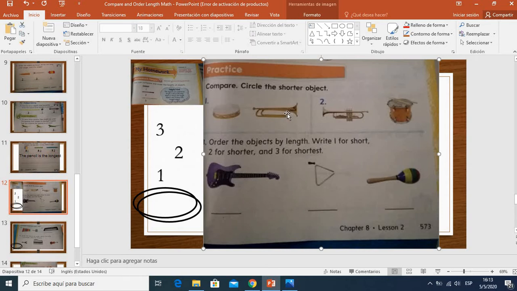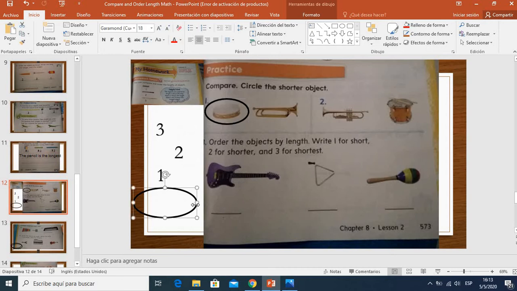So, we have a tambourine and a horn. Now, we need to circle the one that is really short. What is it? The tambourine or the horn? The tambourine. Very good. The tambourine is the short one. So, the tambourine is shorter than the horn. Nice. Circle it with your pencil.